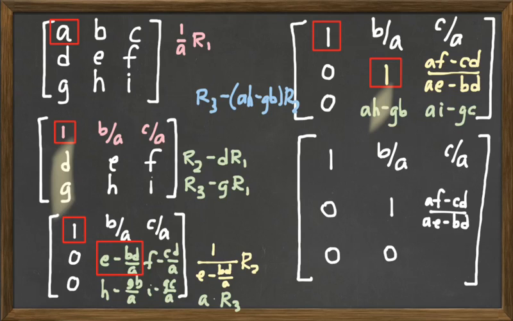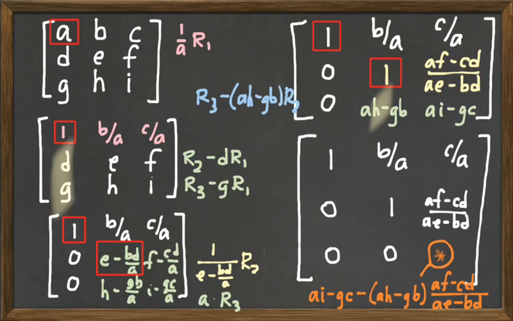Let me put a little asterisk there so that I can write this on its own special little line down here, because it's going to be the entry ai minus gc, and then I'm going to subtract the quantity ah minus gb times that entry on the second row, third column, which was af minus cd over ae minus bd.